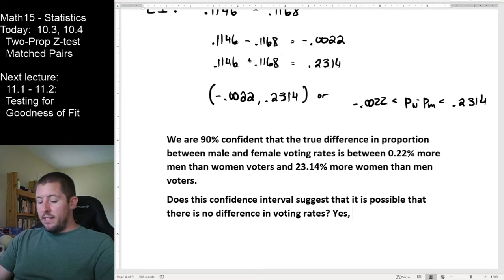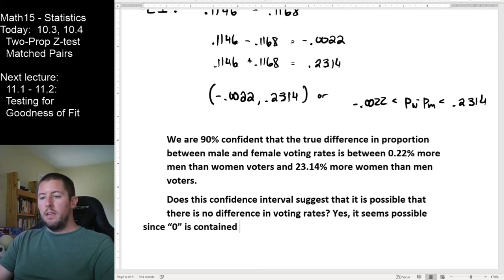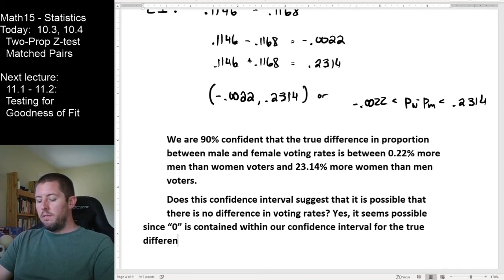But I'm going to say here, yes, it seems possible, since 0 is contained within our confidence interval for the true difference in voting proportions between men and women.